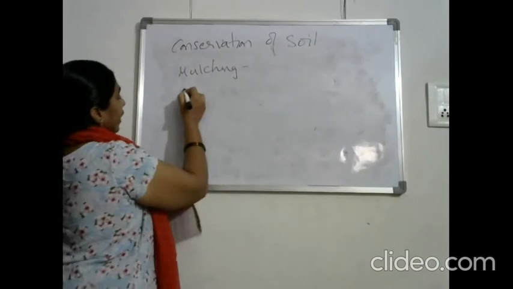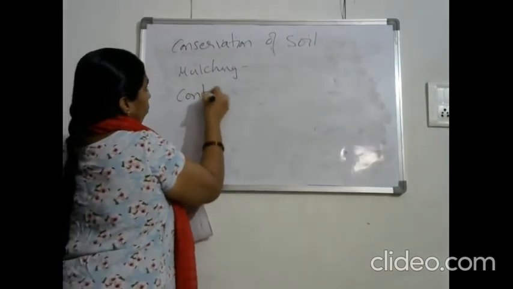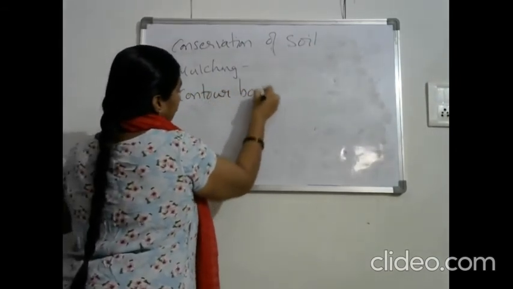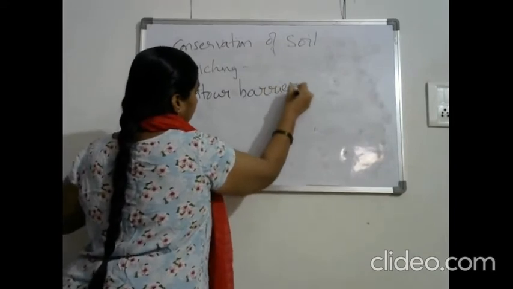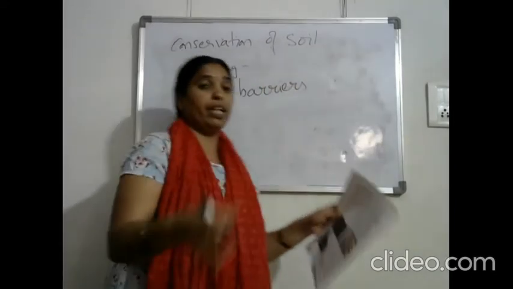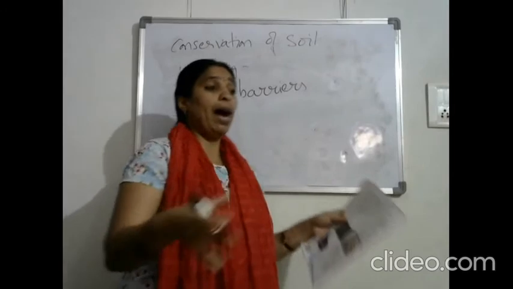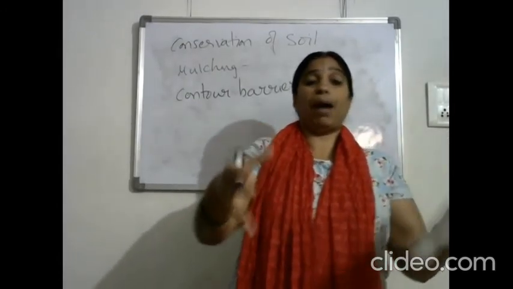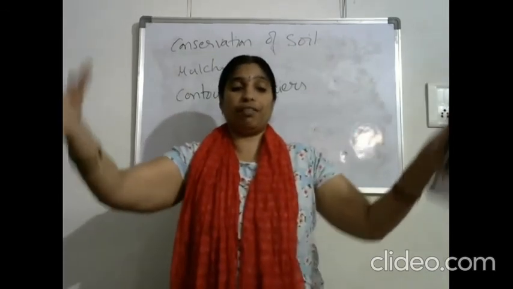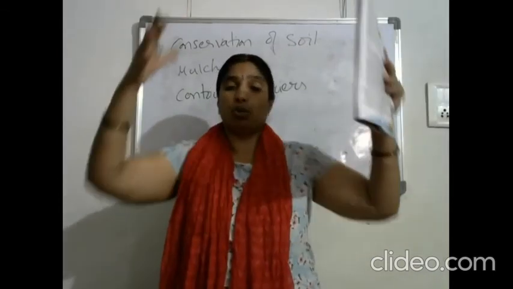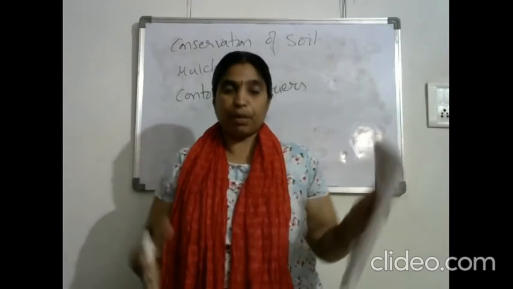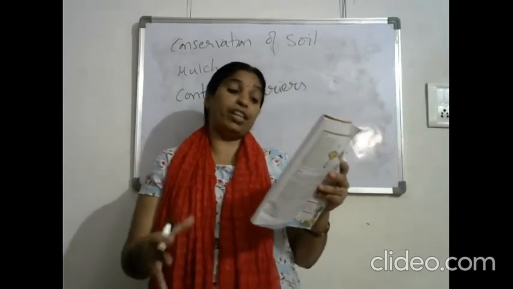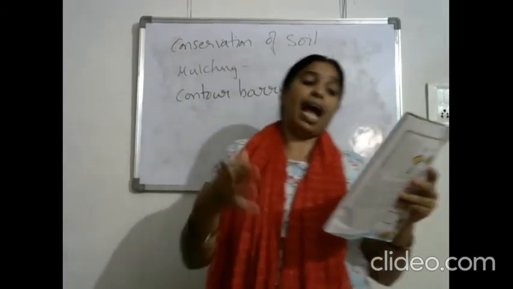Then the second one is contour barriers. So what are these contour barriers? Contour barriers are the path between two farms, which is made with stones, grass, and soil.